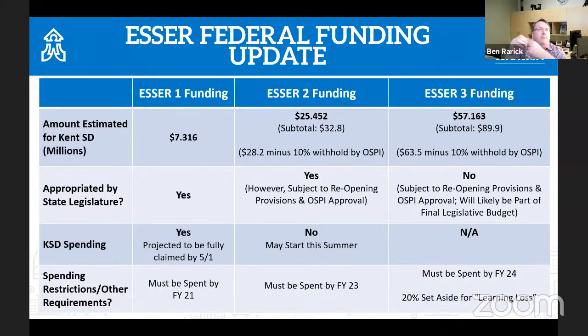That's kind of how this works. So, for example, in ESSER 1, every 3 months or so, we'll go in and make a claim, and we will get revenue associated with the claim we make at that time. But they don't send us monthly payments, if that makes sense.